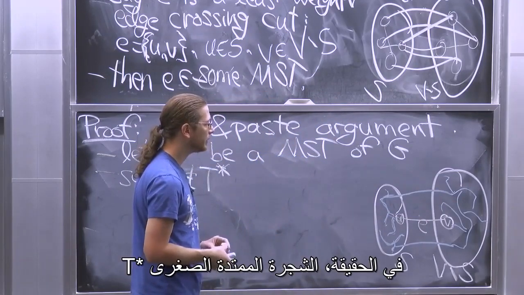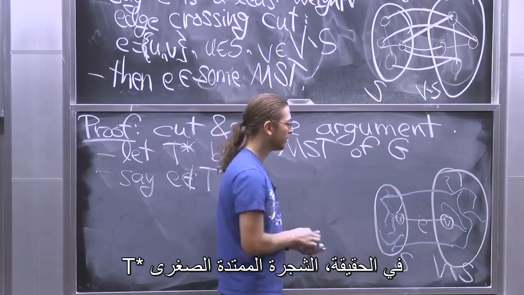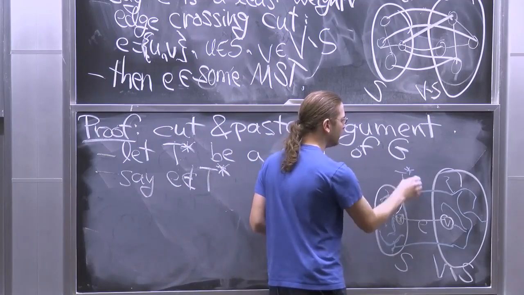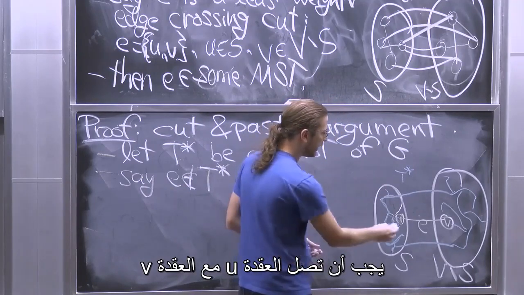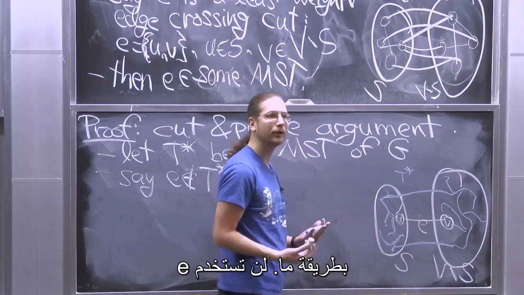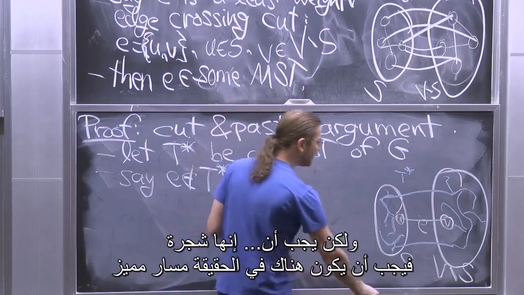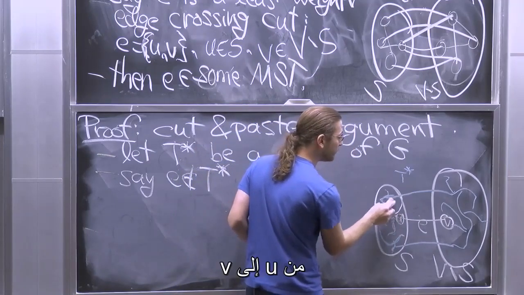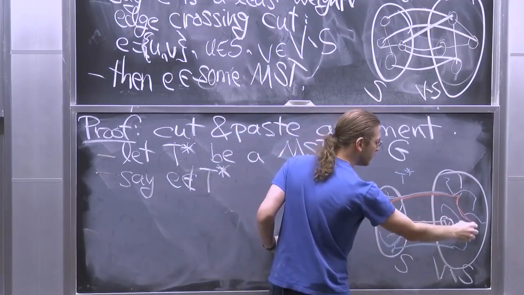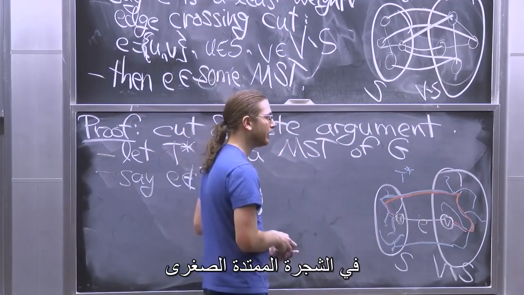In fact, the minimum spanning tree, T star, has to connect vertex U to vertex V somehow. Doesn't use E, but it's a tree, so in fact there has to be a unique path from U to V in the minimum spanning tree.